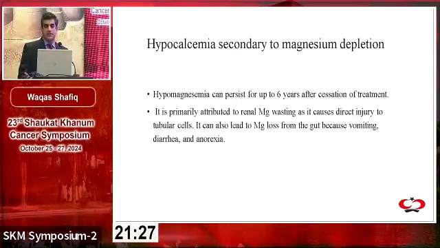It is primarily secondary to the renal loss of magnesium, as it causes direct injury to the renal tubules. It can also cause magnesium loss because of the vomiting, diarrhea, and anorexia associated with platinum-based chemotherapeutic agents.